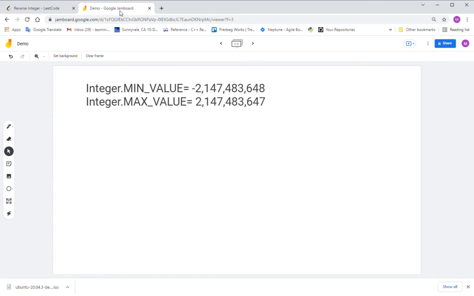So we know the 32-bit integer has a max value and a minimum value.